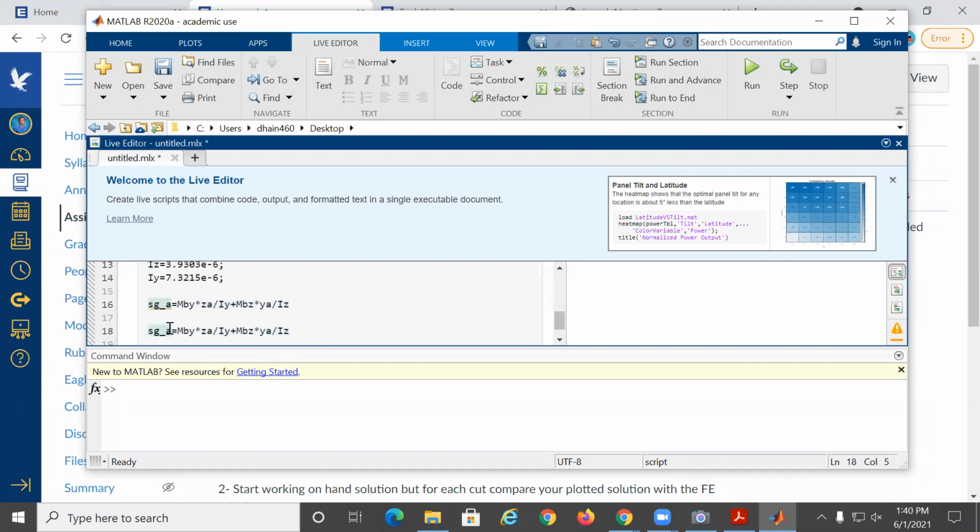And the stress at B will be the same thing, but with the coordinates of point B. Okay, so stress at A would be 86.492. So let's say point A.